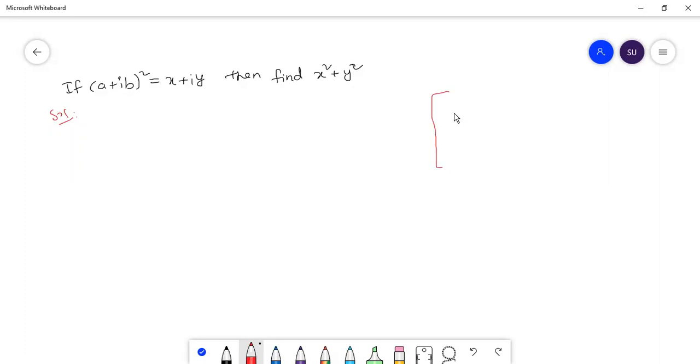For example, if I write x1 plus iy1 is equal to x2 plus iy2, then we can write x1 is equal to x2 and y1 is equal to y2, like in that way.